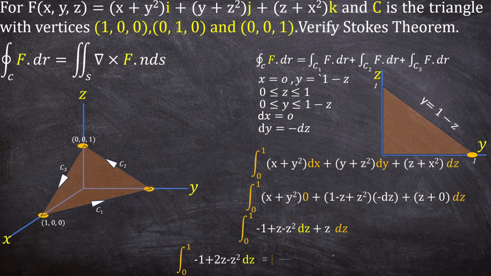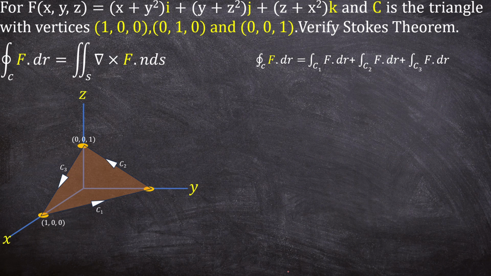And if we integrate, we're going to have z squared over 2 minus z to the power 3 over 3, and we have our limits. So now it's a matter of substituting. If we substitute, you can see we have 2 and 2, and that will give us 1. So we're going to be left with 1 minus 1 minus 1/3, and that is going to give us -1/3.